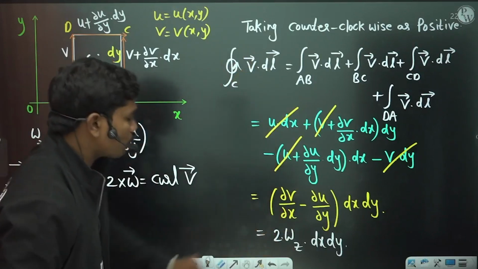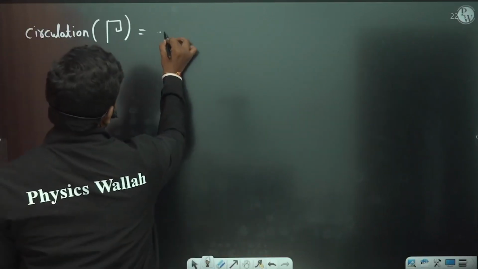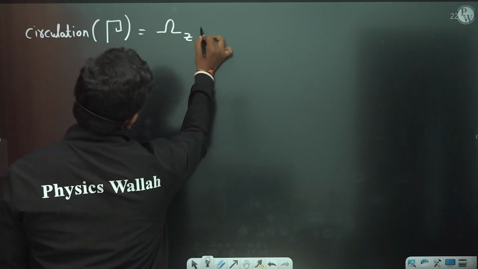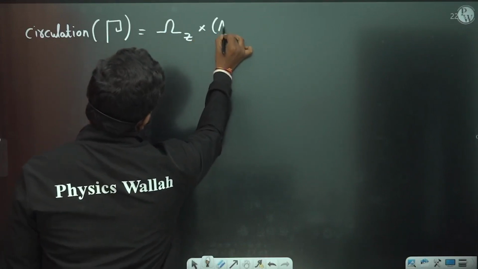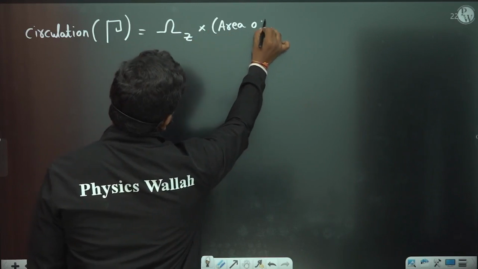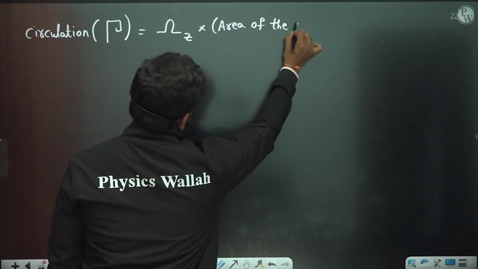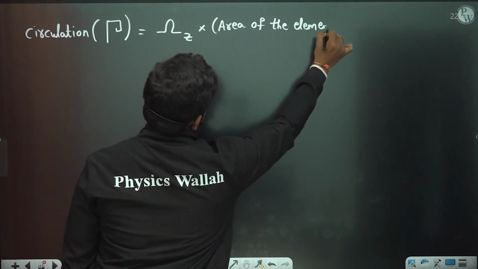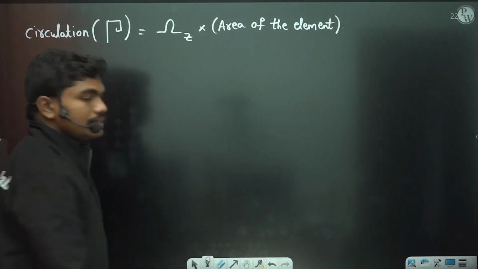So 2 times omega z is nothing but the component of vorticity in the z direction, multiplied with dx dy, which is nothing but the area of the element.